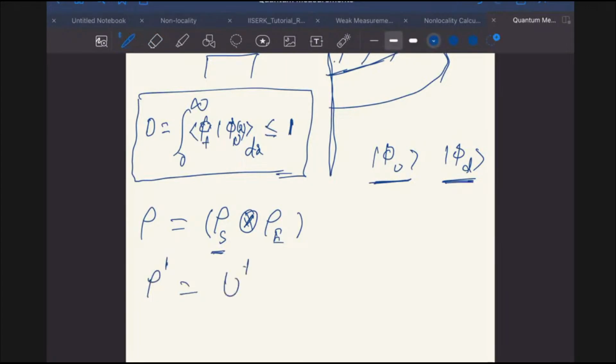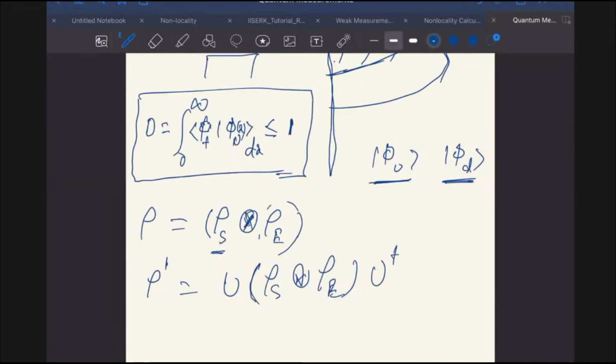For generality, I can write rho s cross rho e times u, u dagger, as I consider this to be a system and this to be an environment coupled to the system.